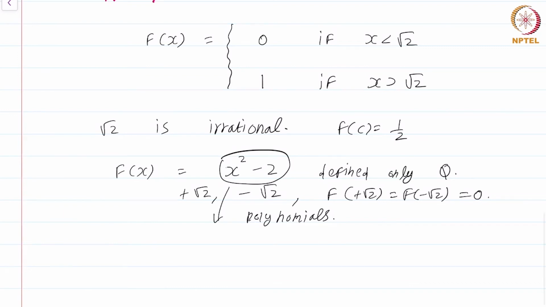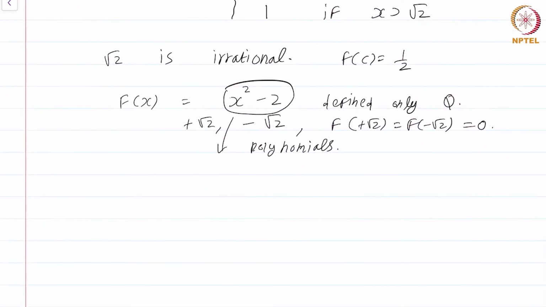But no such objection can be made to this function, which is a polynomial. Well, since the value 0 is taken only at plus root 2 and minus root 2, and this function is certainly negative at the point 1, and at the point 2 it is certainly positive, this function misses the value 0 even though it takes both a negative value and a positive value.